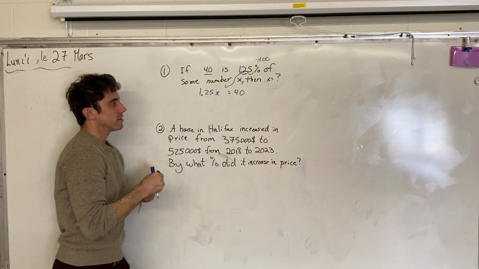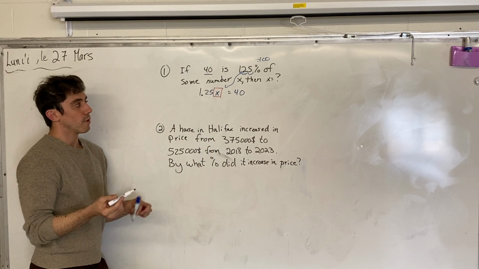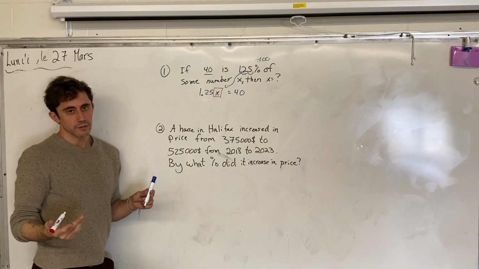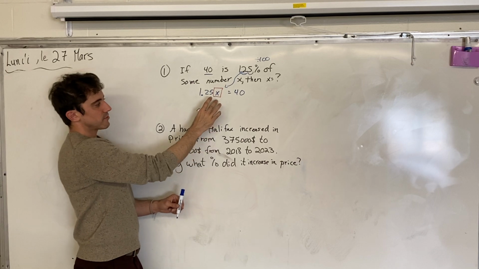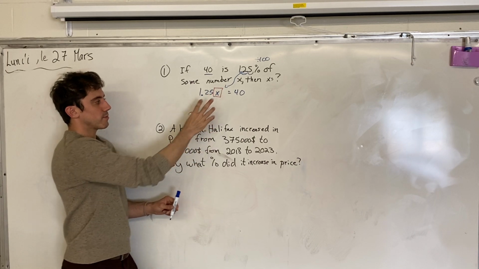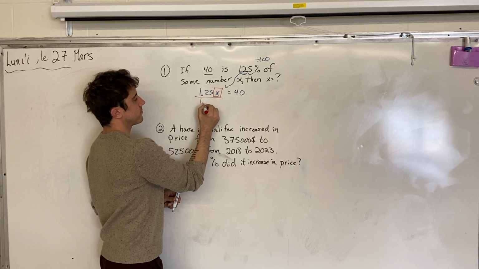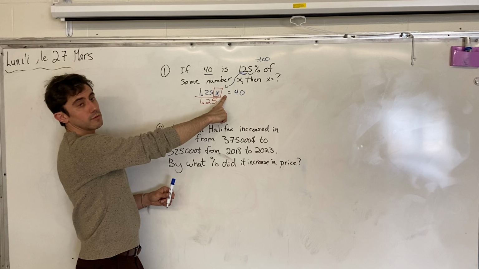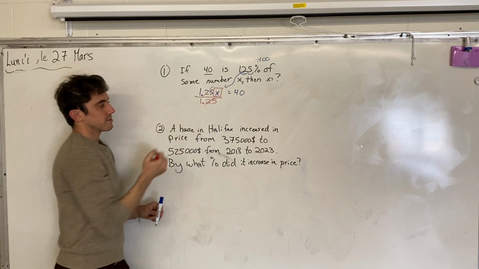To find the value of x, we want to get rid of this times 1.25. Anytime we use algebra to solve equations, we think of inverse operations. The inverse operation of multiplying x by 1.25 is dividing by 1.25, and now the x will be left alone because multiplying and dividing by 1.25 cancels out.